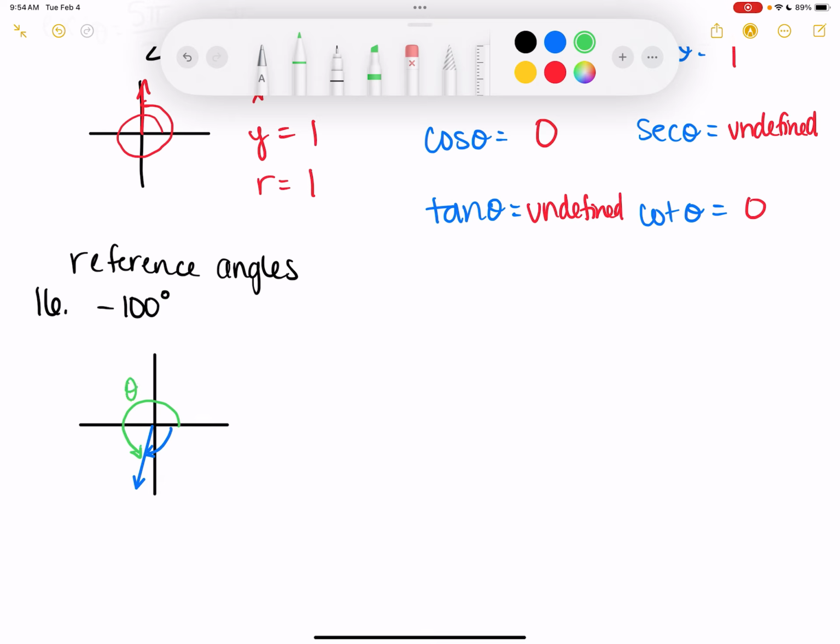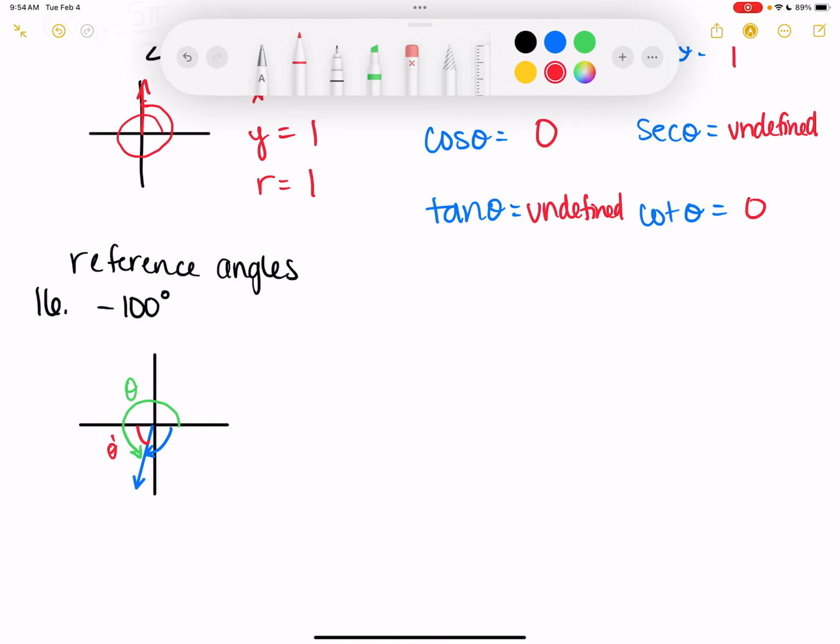So it's 260. This angle here is theta prime. The blue is the initial angle I was given, negative 100.